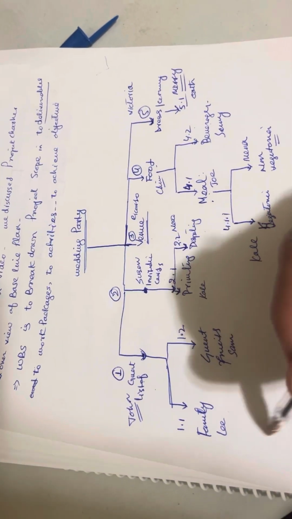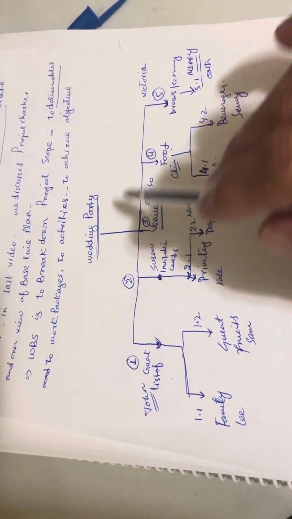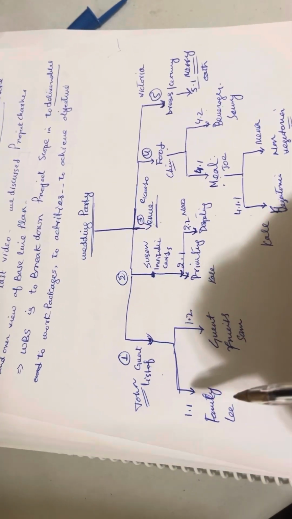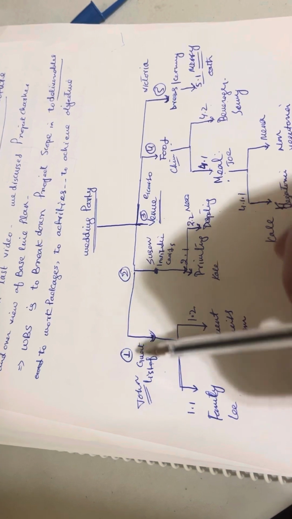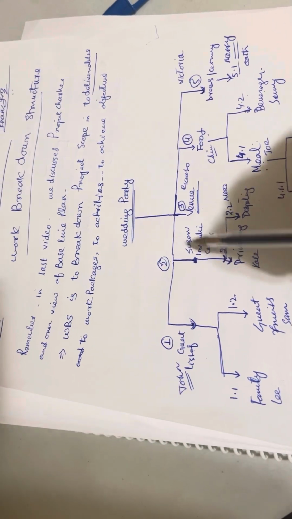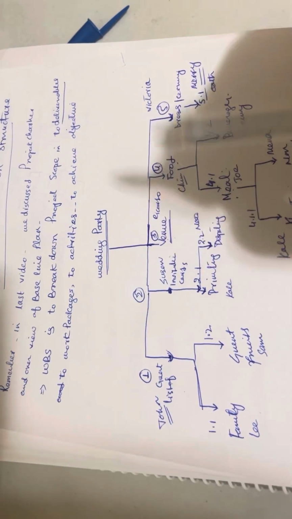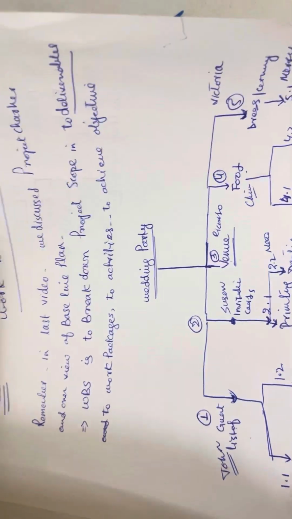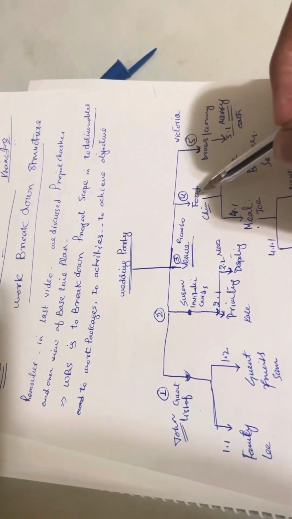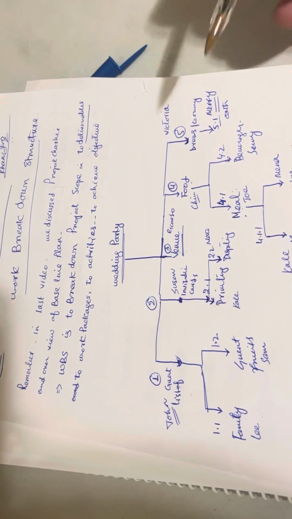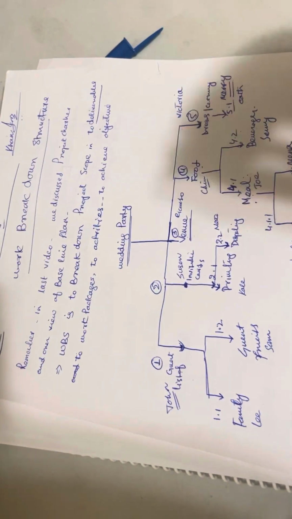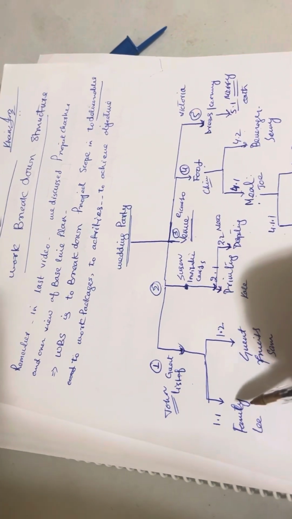Now we will go further, and remember that in the work breakdown structure we assign responsibility to every deliverable. I assign the first one to John, the second deliverable to Susan, the third one to Lee, the fourth one to Chen, and the fifth deliverable to Victoria. Those are the project team members.